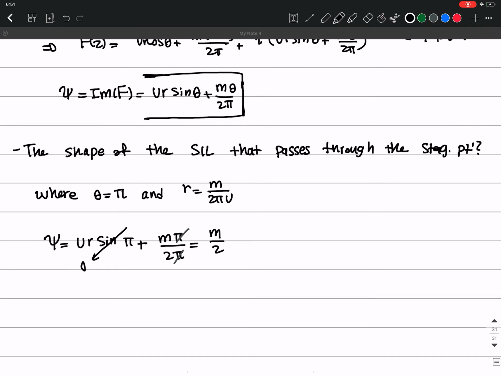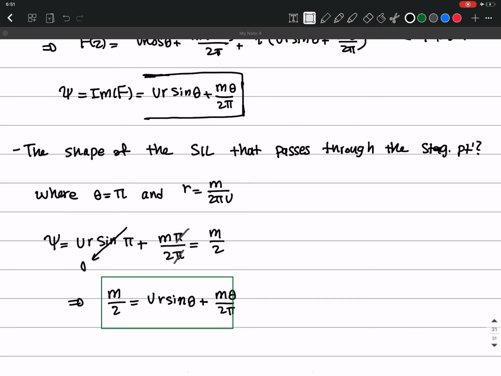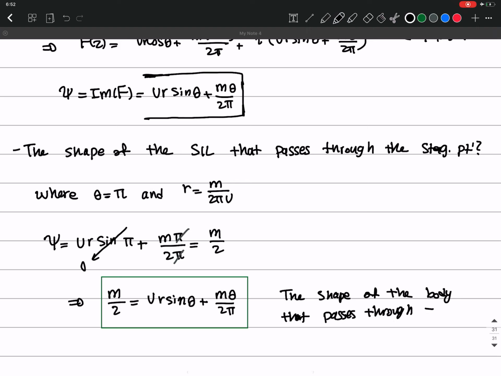So m over 2 equals u r sine theta plus m theta over 2 pi. And this is going to give me the shape of the body that passes through the stagnation point.